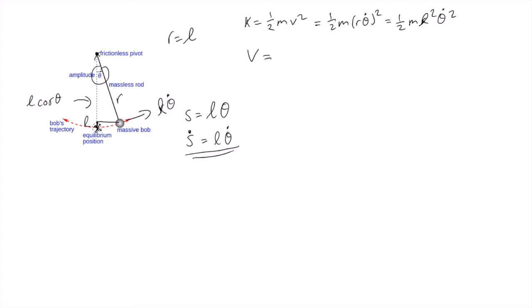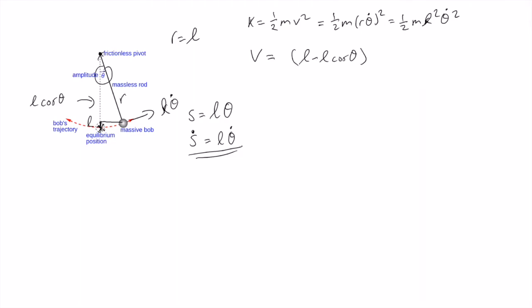That height there is L minus L cos theta, and we want to multiply that by mg to get the potential energy of the mass m in gravity. And just to check that that's right, when theta is equal to 0, cos theta is 1, so we get L minus L, which is 0, so 0 potential energy is indeed the equilibrium point.